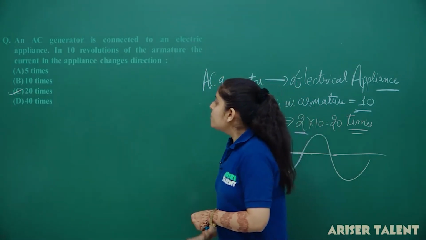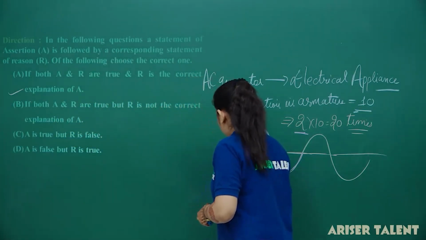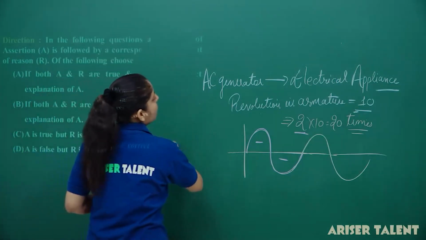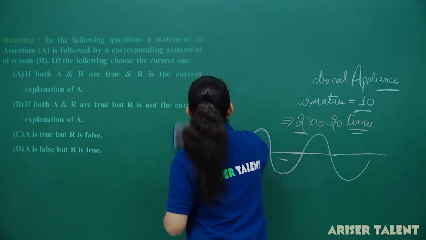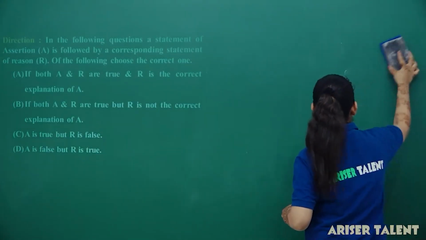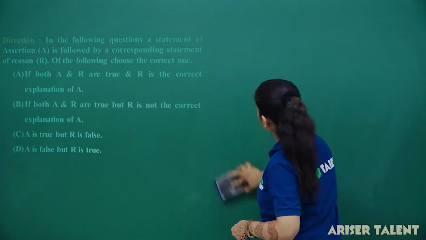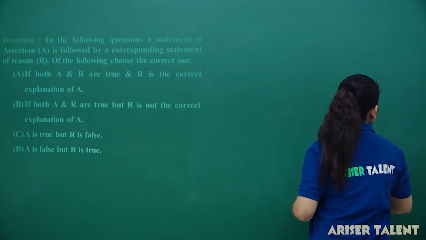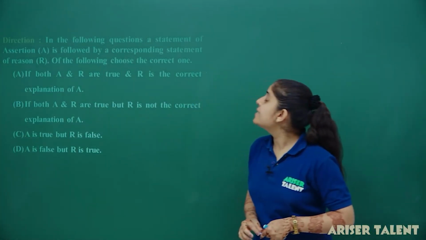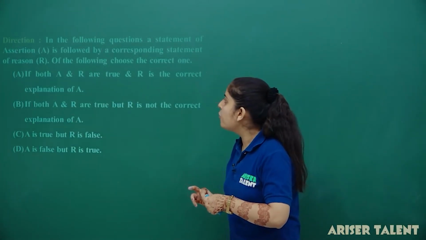Now, let's move to the next question in this sequence. In the following questions, a statement of assertion is followed by a corresponding statement of reason.